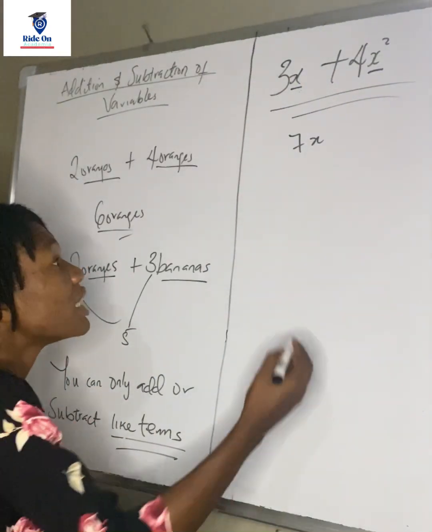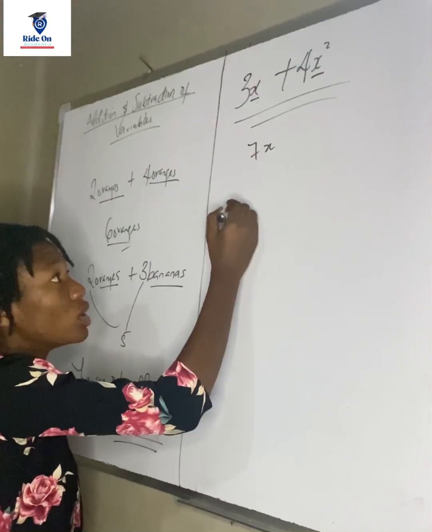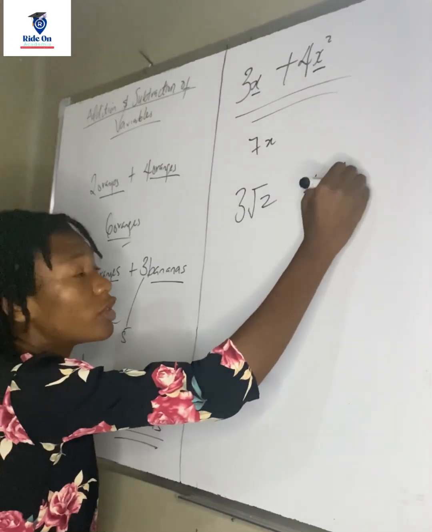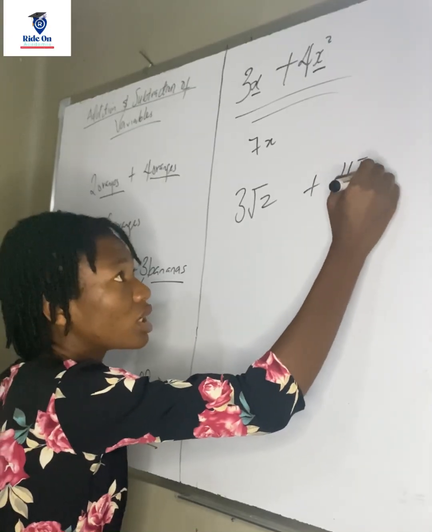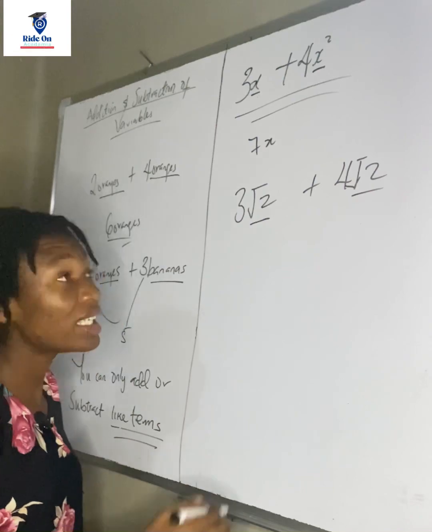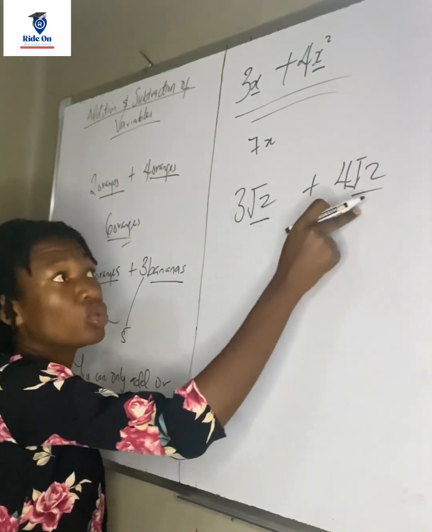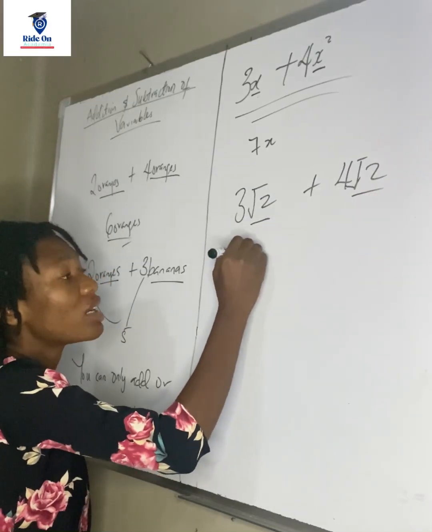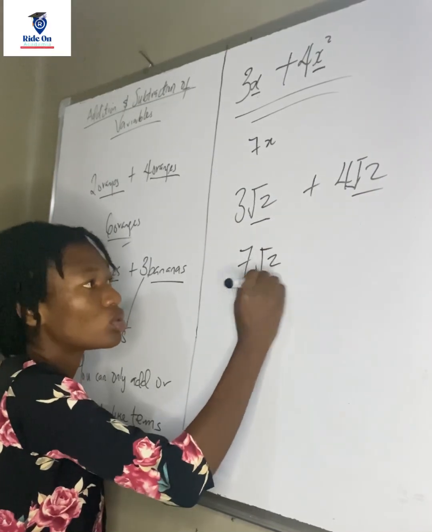So when you have the same variables or same surds, such as 3 root 2 plus 4 root 2, you can now say they are both talking about root 2. The variables are exactly the same, then you can carry out addition to give you 7 root 2.